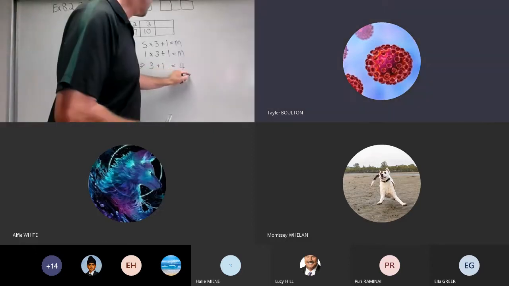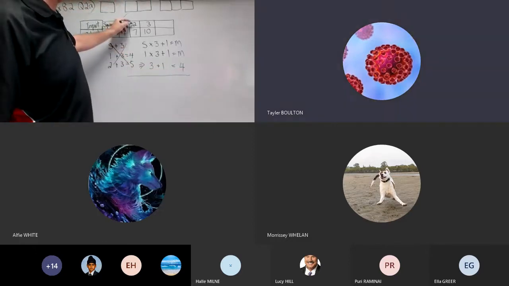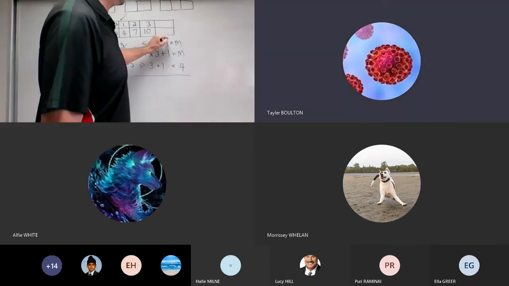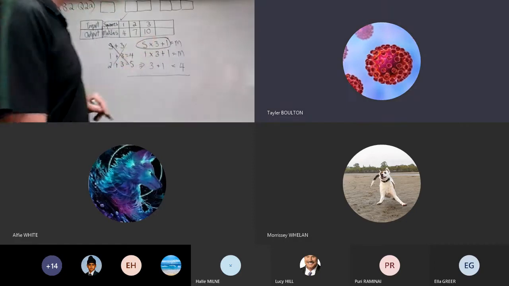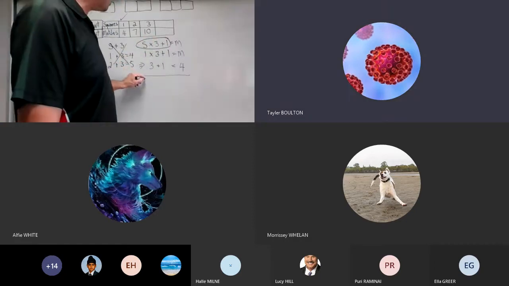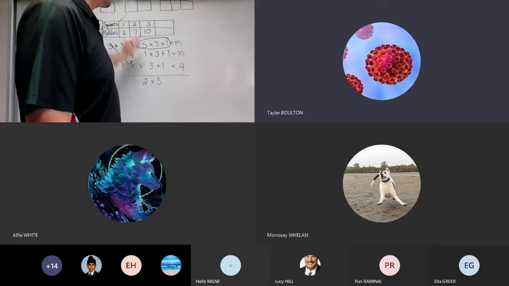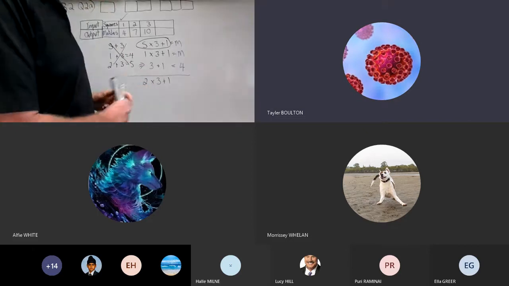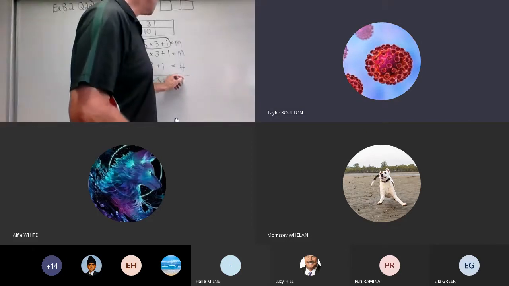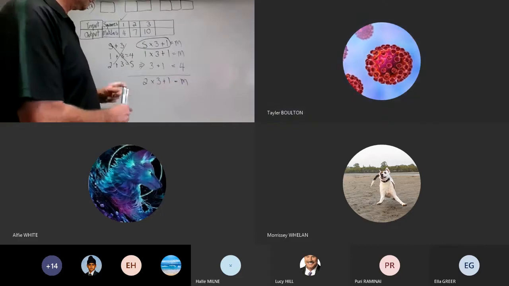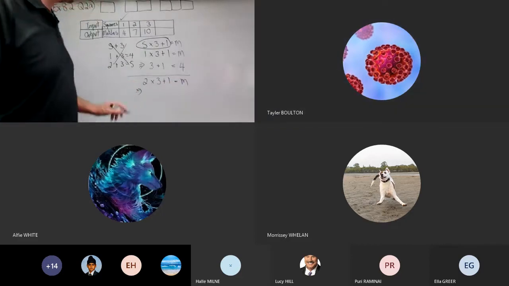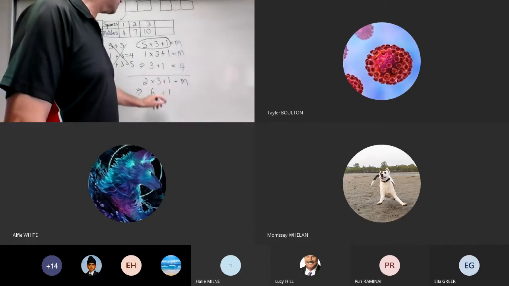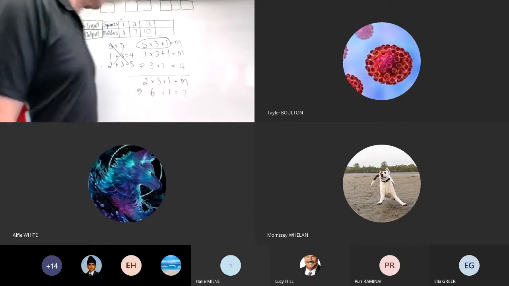Now, let's substitute the 2 squares into our rule, because this is our rule. Let's use 2 times 3, because that's 2 squares, plus 1. Just watch on screen. 2 times 3 is 6, plus 1 is 7.